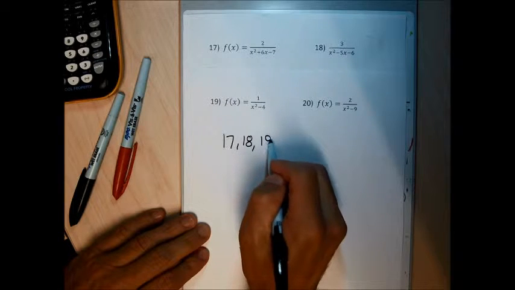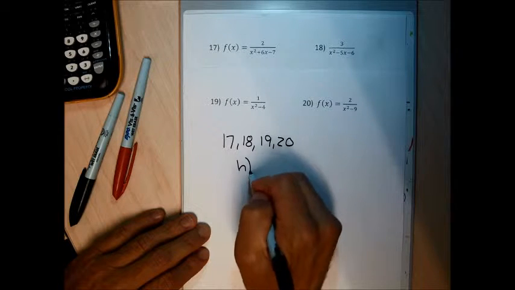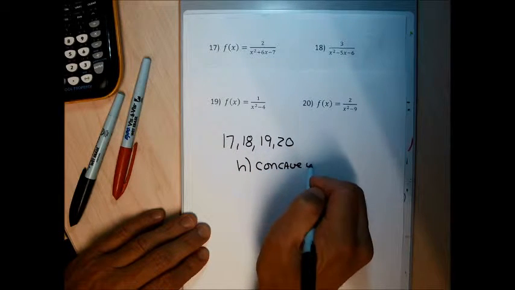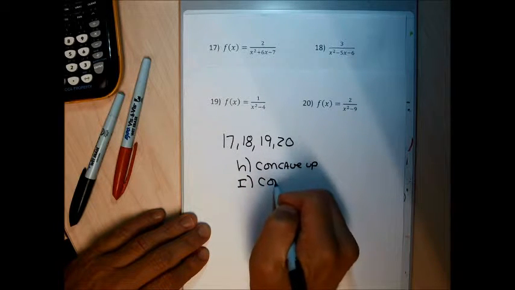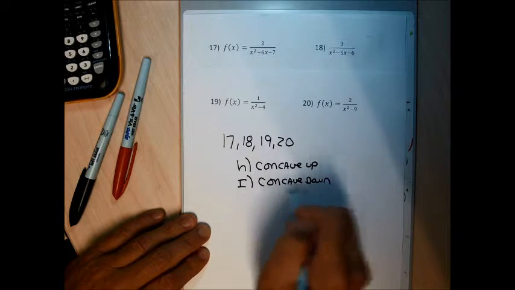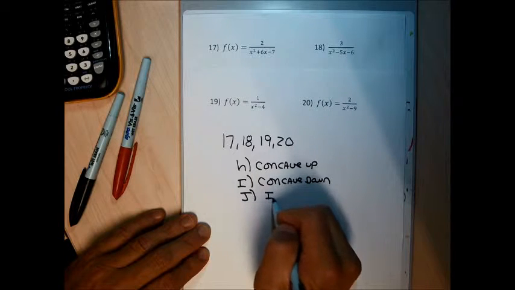So we're going to skip H, finding the intervals where the graph is concave up, I, finding the intervals where the graph is concave down, and J, finding any inflection points.